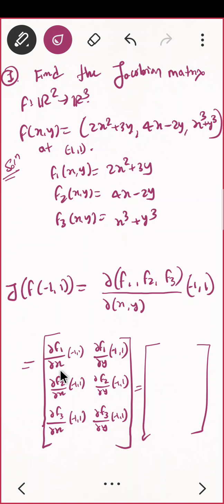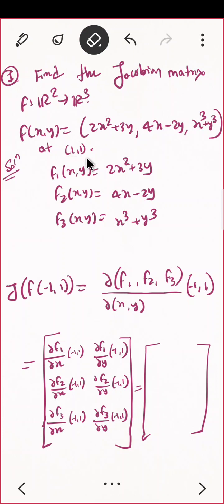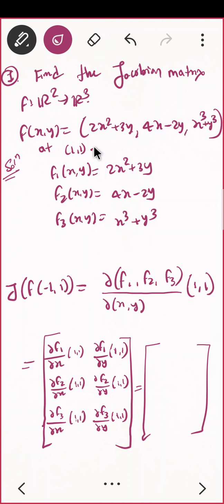So let's see, f1 with respect to x, what will come, this will be 4x, and if we put -1, 1, what will come, -4, correct? Let us leave -1, let us get rid of that and take 1. Correct.